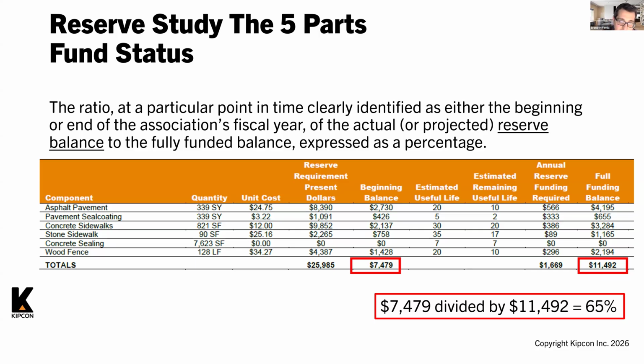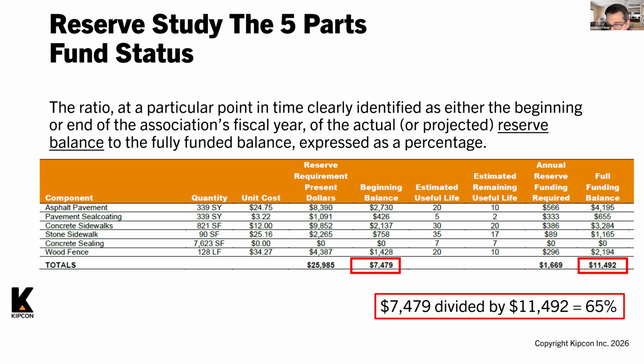Now, we're going to get into that a little bit because, and I'm sure most managers, if there are managers on here, will tell you the same thing. We do hundreds of these reports a year, and we can count on one hand probably the amount of associations that are actually 100% fully funded, because most of the time, if not all of the time, fully funded is overfunding.